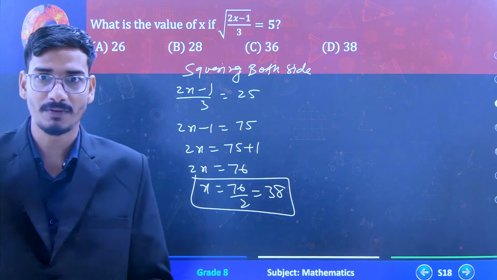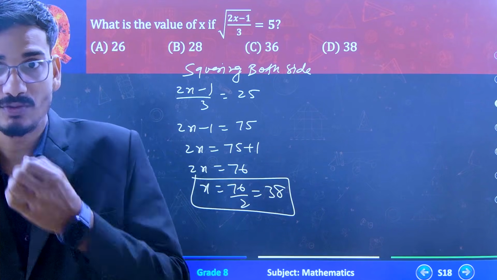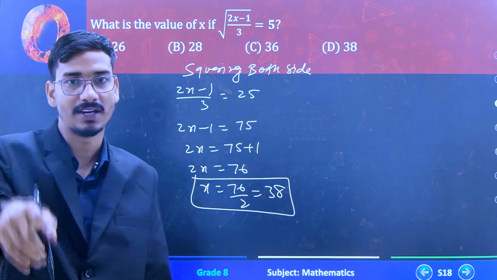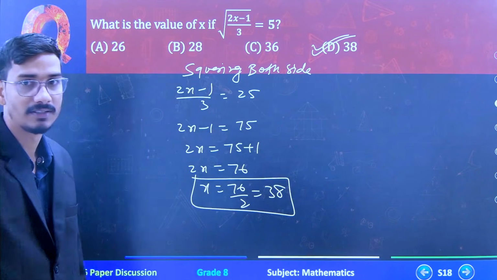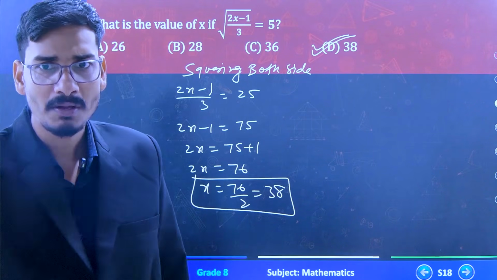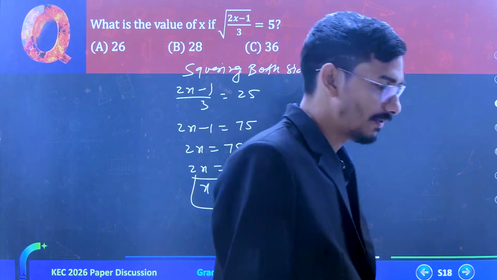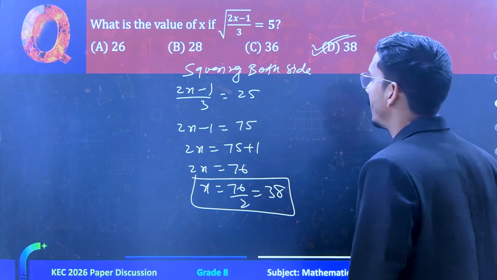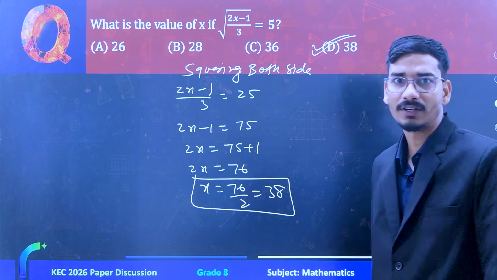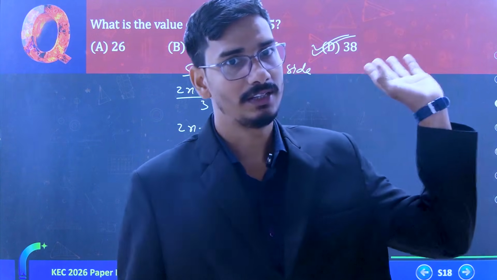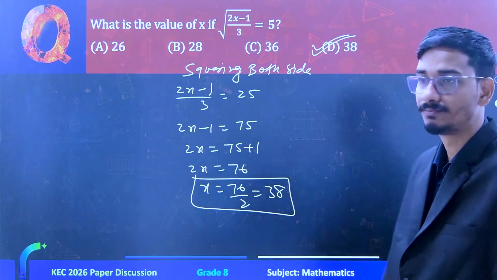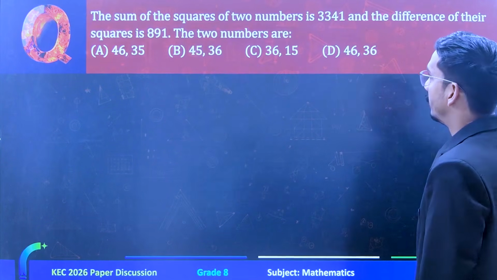This question is also coming from the classwork copy. Yes, 38 is the right answer. C is not the correct answer, D is the correct answer. This question is already explained in your class copy. Moving to the next one.